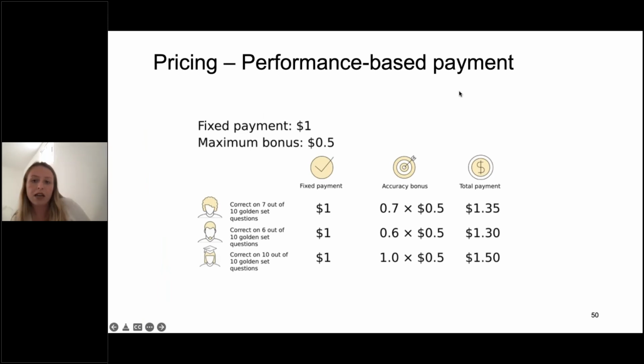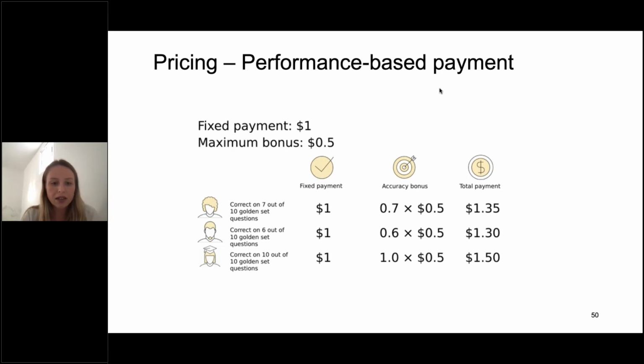And there is another tip here that I would like to share. We have experimented with performance-based payment, so-called dynamic pricing, and we had really positive results. This is a very good way to motivate the performers. The idea behind it is that normally you would pay maybe $1 for completing a task. But if someone is really good at completing your tasks, you should pay them more.